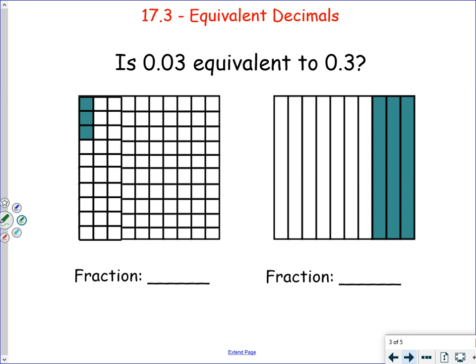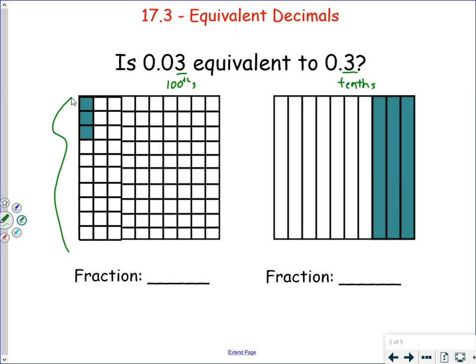Is 0.03 or 3/100ths equivalent to 0.3, 3/10? It is not, right? Because here we have 100, right? And this is in the hundredths place value, right? Hundredths, right? And here we have 3/10 in the tenths, right?